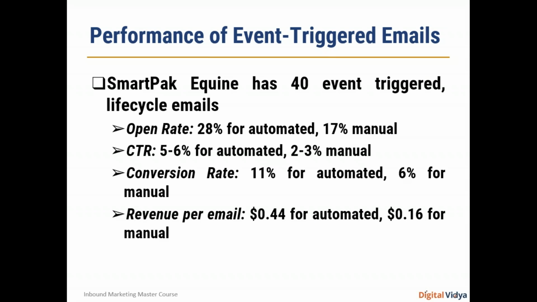When they looked at their open rate, it was 28% for automated compared to 17% in the case of manual. Click-through rate was also 5.5 to 6%. Similarly, conversion rate and revenue for automated email were far higher than manual emails.